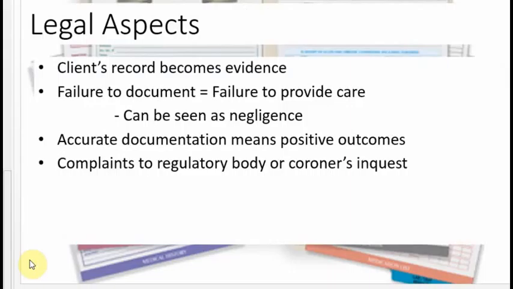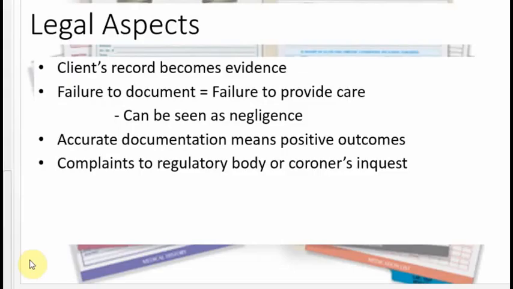So legal aspects. The client's record becomes evidence, and trust me, when something goes wrong and the patients are suing, their lawyers are involved, the first thing they want is the client record, and they're going to go through it with a fine-tooth comb. So you need to make sure you've documented appropriately. Failure to document equals failure to provide care and can be seen as negligence. Accurate documentation means positive outcomes.